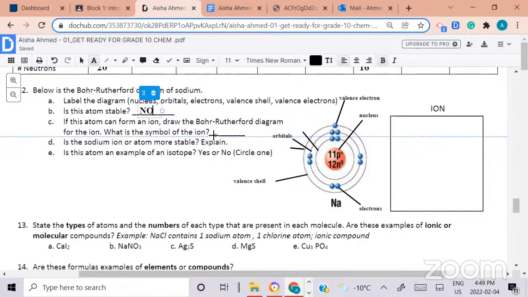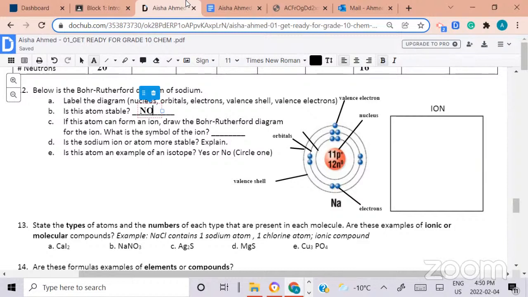See how there's that one valence electron making it unstable? That electron is going to be lost, or the atom is going to gain more electrons to become a full valence. So an ion is when you gain electrons or lose electrons. If we only have one valence electron, we're going to lose that electron, and then we would end up with Na plus. So the symbol of the ion is Na plus.